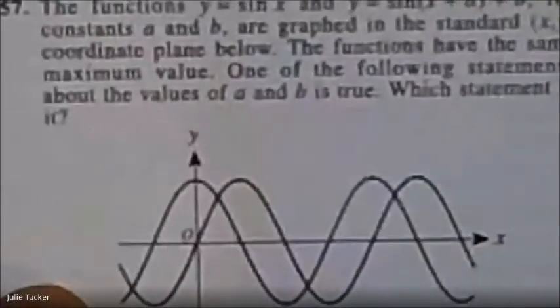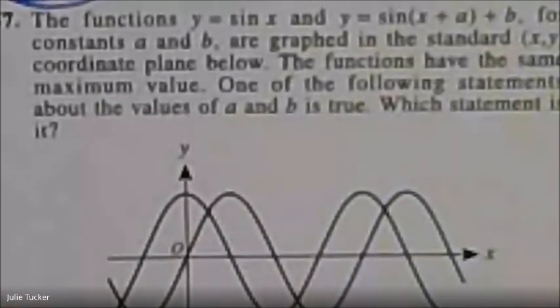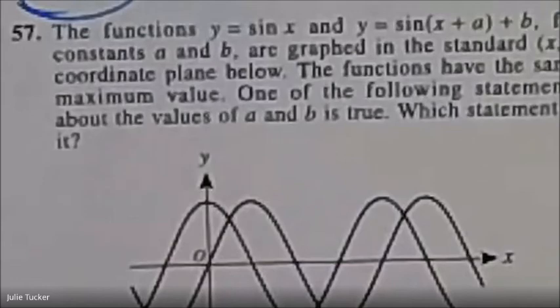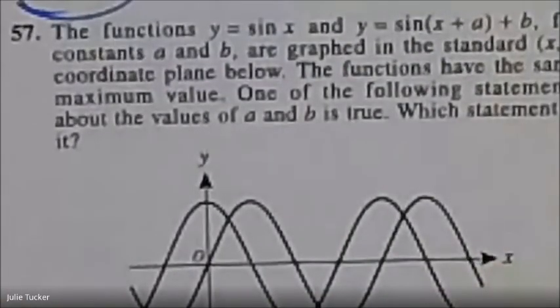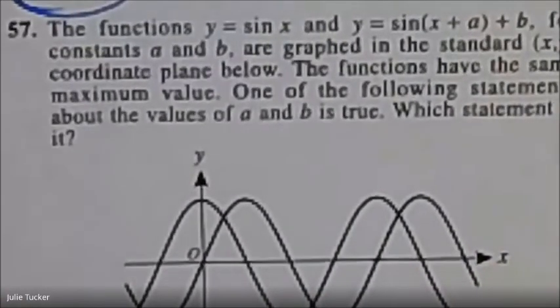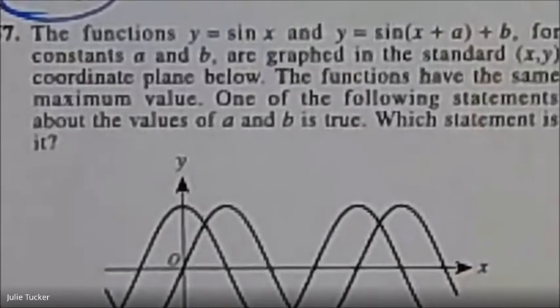All right, number 57. This got blurry. Let me see if I can get it to refocus. It's a little bit better, I guess. The functions y equals sine x and y equals sine of x plus a plus b for constants a and b are graphed in the standard coordinate plane below.